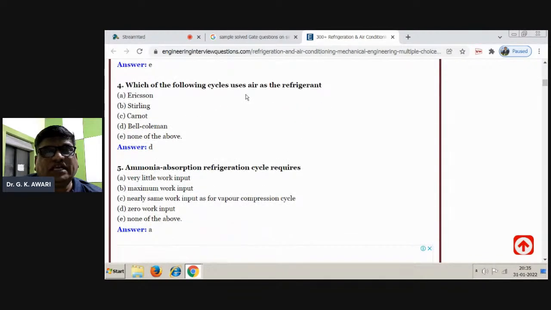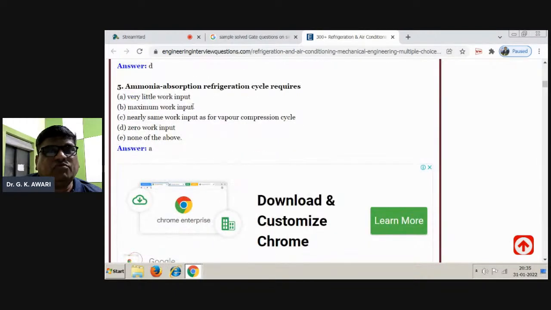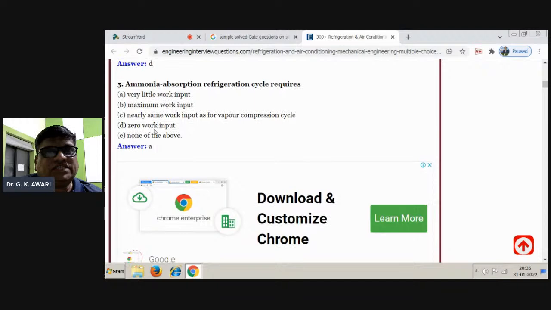Which of the following cycles uses air as a refrigerant? You know that the Ericsson cycle, which is the Bell-Coleman cycle, uses air as a refrigerant. Ammonia absorption diffusion cycle requires very little work input, maximum work input, or nearly the same work input as a vapor compression cycle.